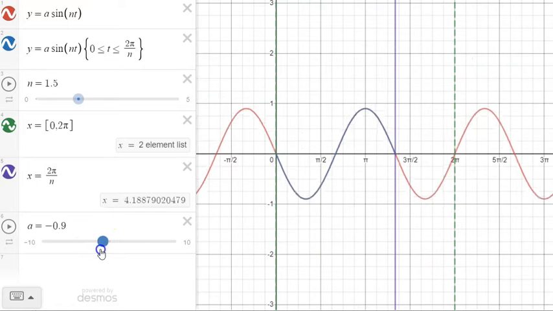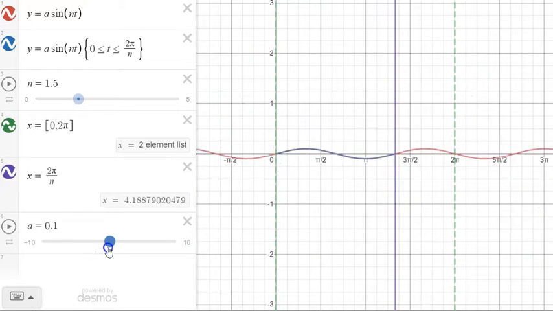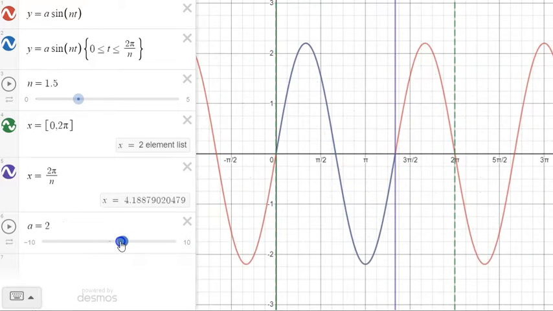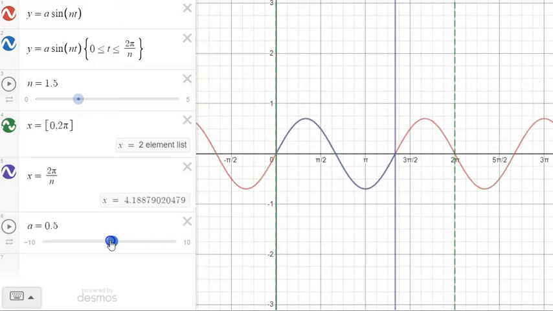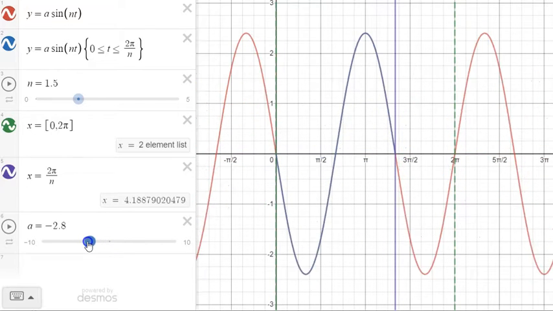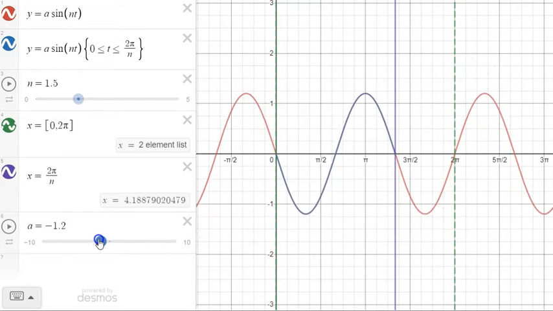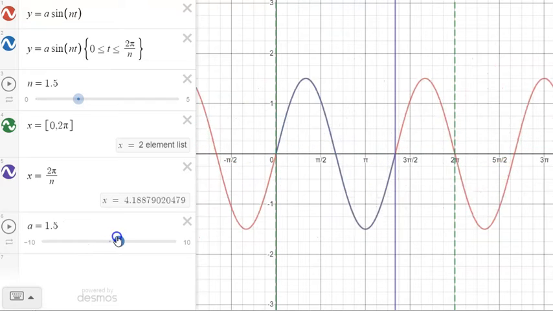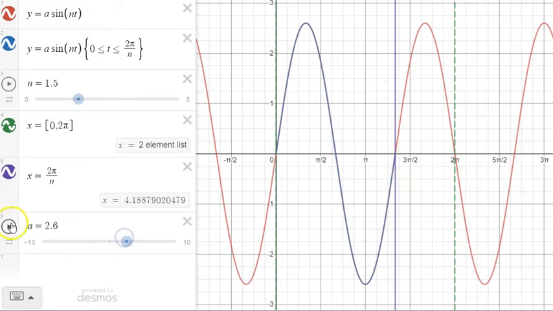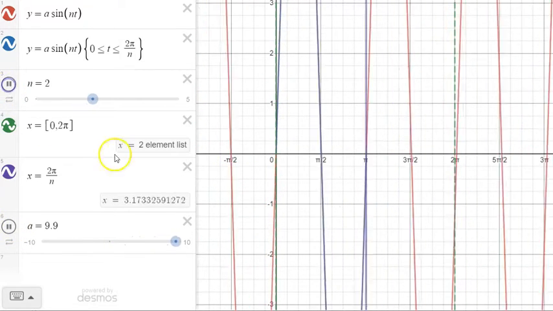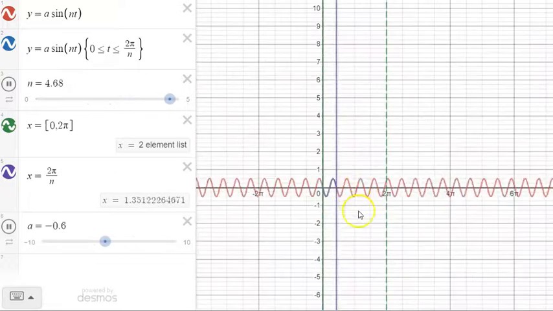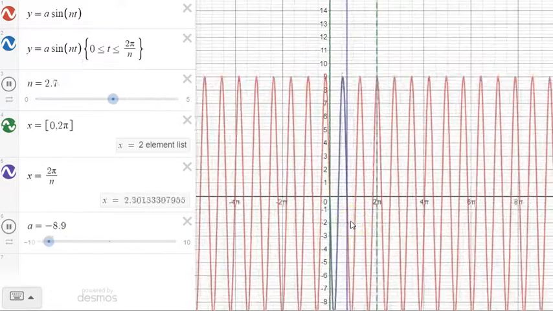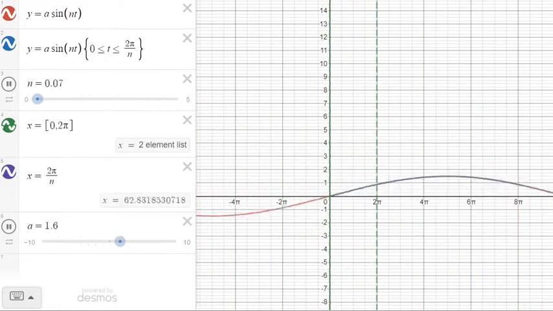We can change not only the period of the function, so not only can we compress and stretch this function across the horizontal axis, but we can also do the same thing on the vertical axis at the same time. So let's hit play on n, hit play on a, and look at that funky behavior right there. Not too bad at all.